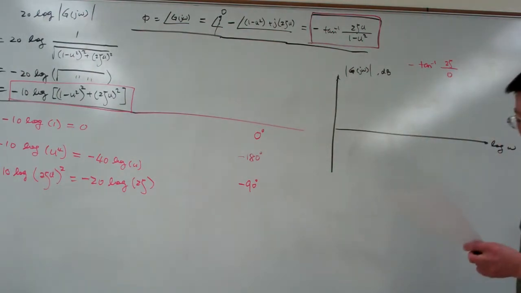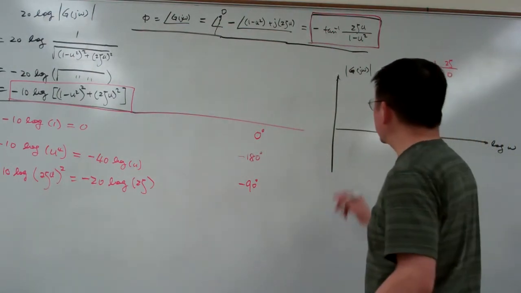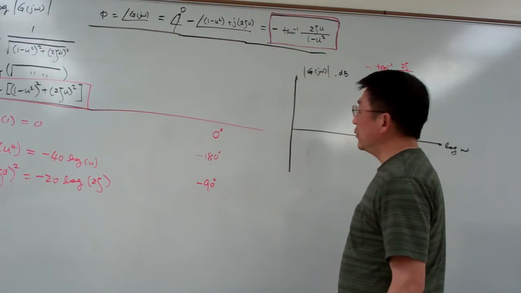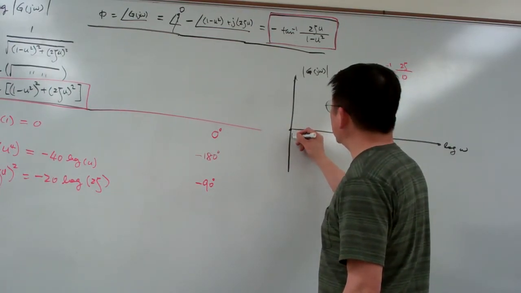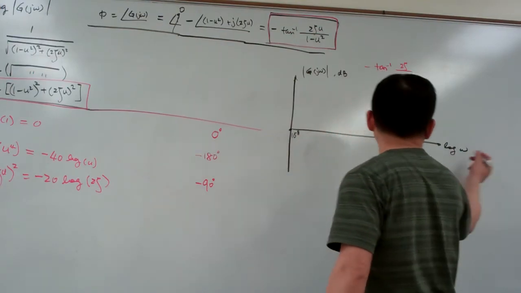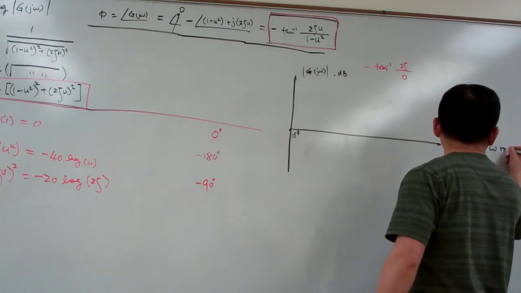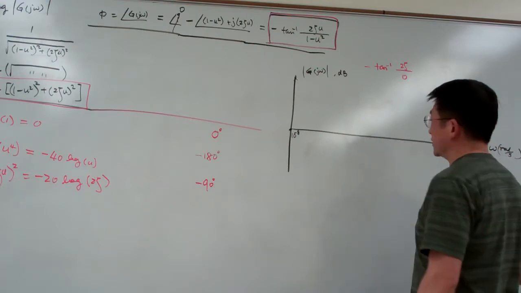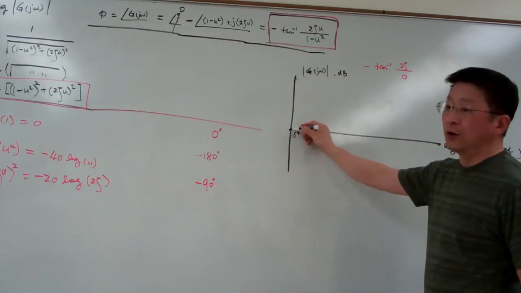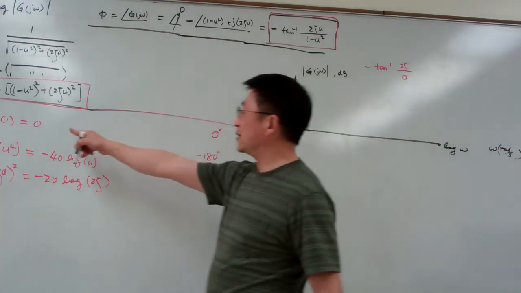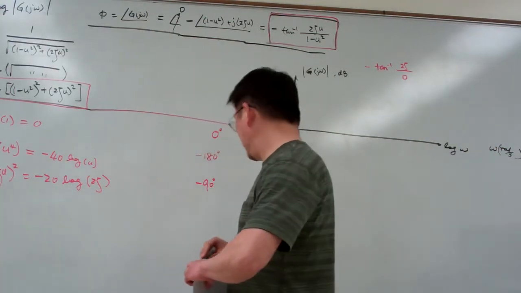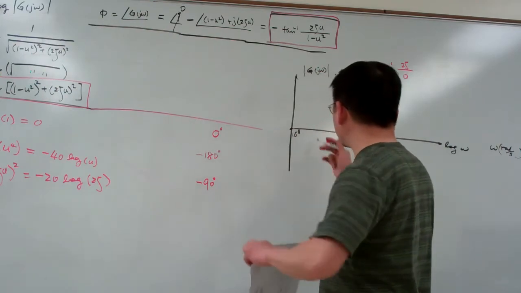When omega is very close to 0, say for example omega equal to 10 to the minus 8 radians per second, at such a very small omega we can calculate its magnitude equal to 0. So here we can try to plot the curve.